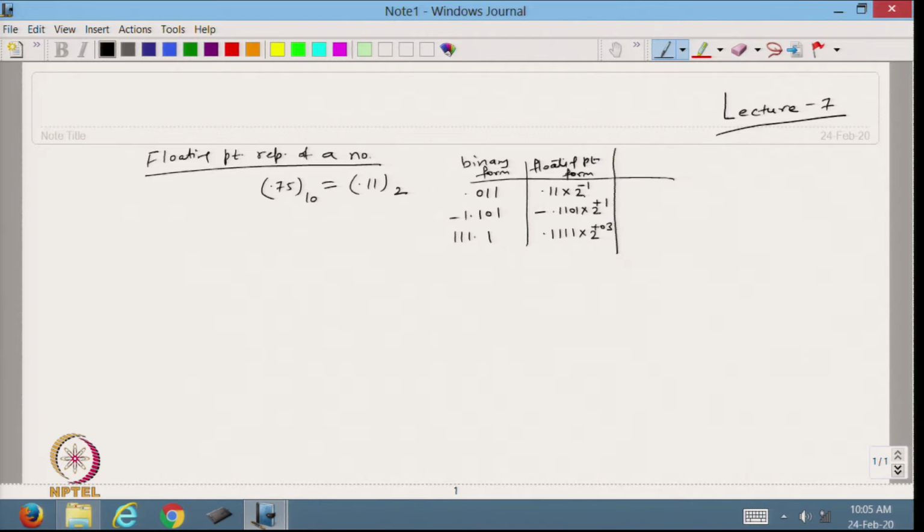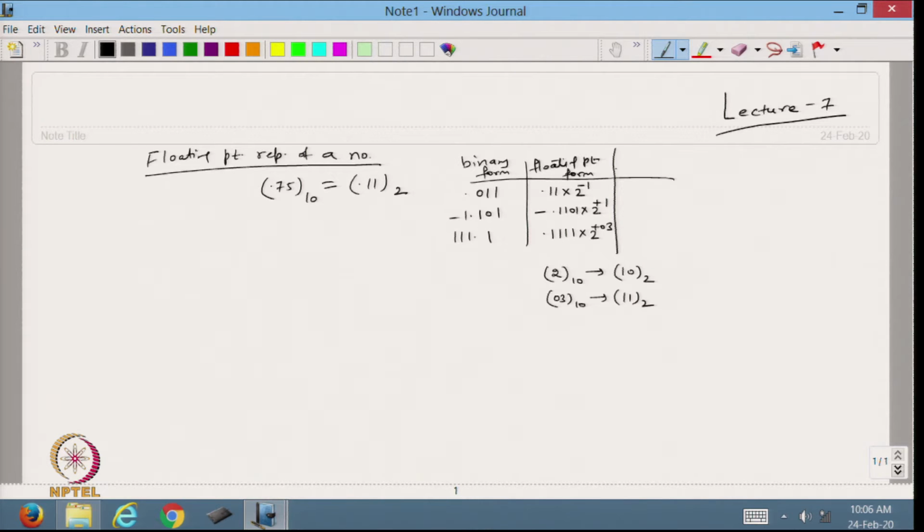But because we are writing this number in binary, we know that 2 in decimal form can be written as 10 in binary form, or 3 can be written as 11 in binary form.